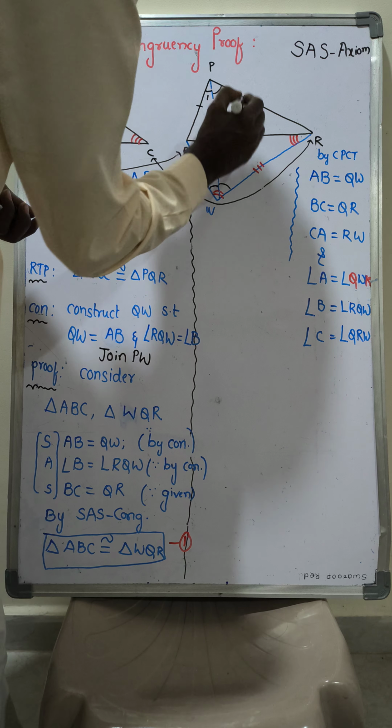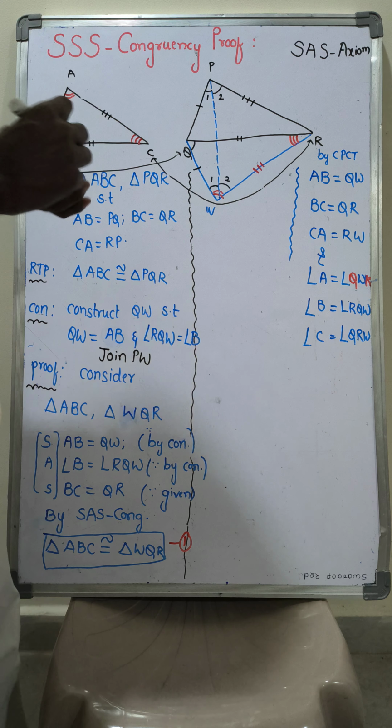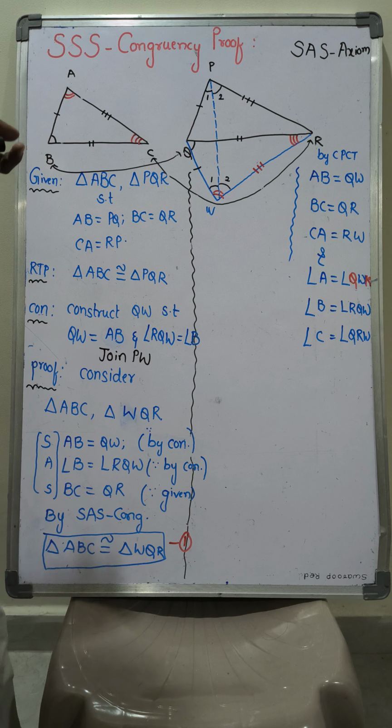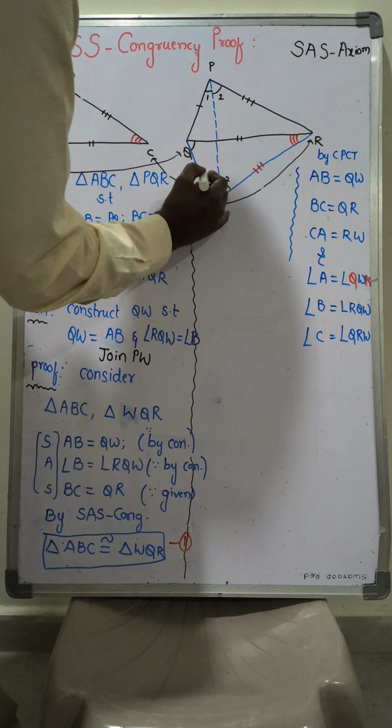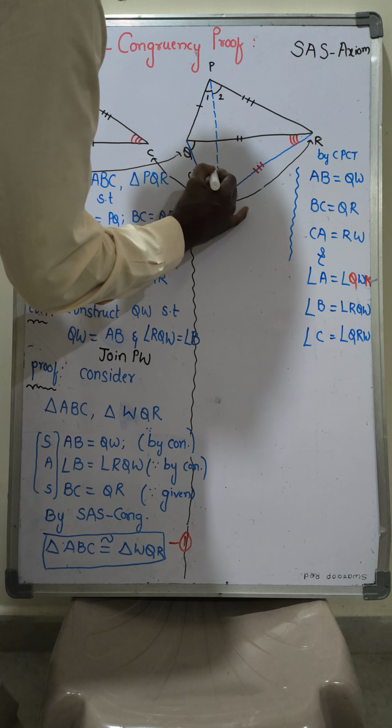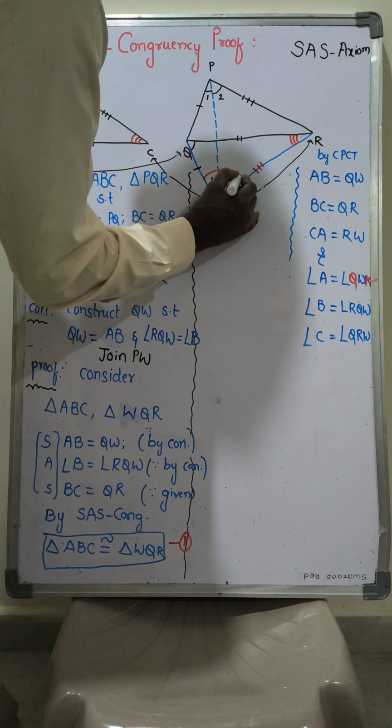If I write 2 here, here also I write 2. Now if you observe closely, something useful is happening. What is the angle W? Angle W is nothing but angle 1 plus angle 2.